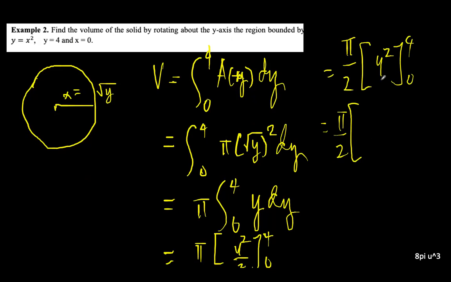Oh, di ba napaka-basic yung ginagawa ko step by step? Tama ba? Yeah. So 16 minus 0 is equal to 8. Tama ba? Yeah, 16. Okay. 8 pi unit cube. Tama ba yung sagot? Sana tama. Ayun, 8 pi unit cube. So this is our volume.